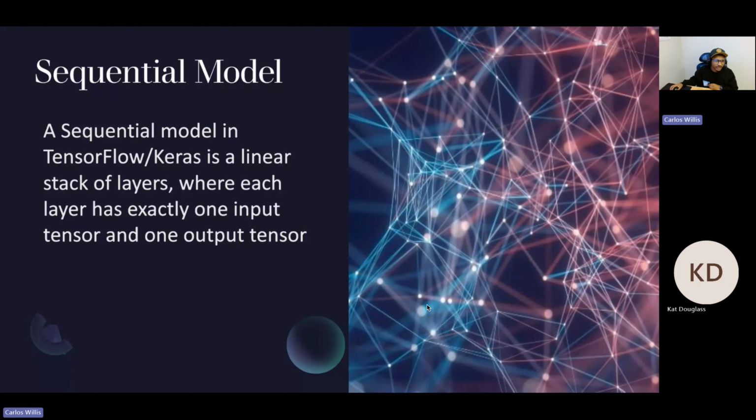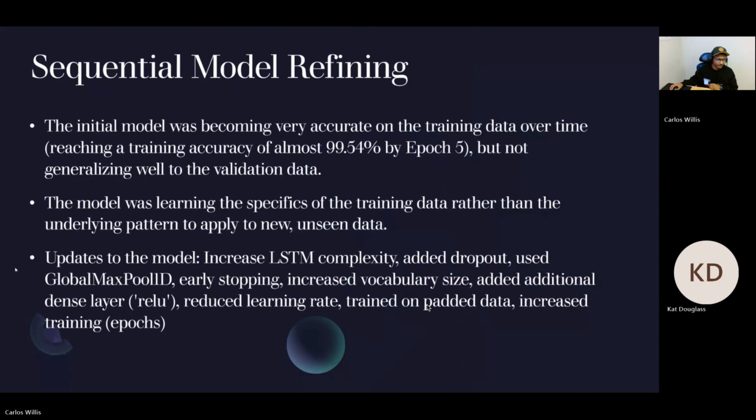Looking at the results of the sequential model, we saw that we were getting 99% accuracy. However, the model was not generalizing well to the validation data. So the result is that the model was overfitting.